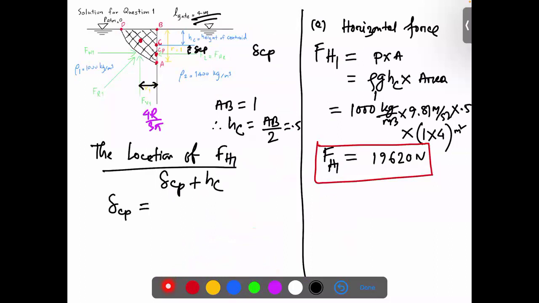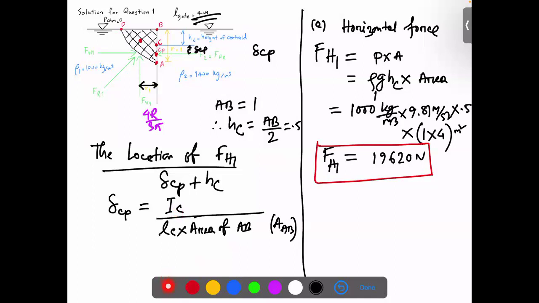Delta Cp, this is Ic. This Ic is the second moment of inertia, and this is the A, or the area of AB. Okay, in the solution, it is written like AB, that is the area. This is basically the second moment of inertia.